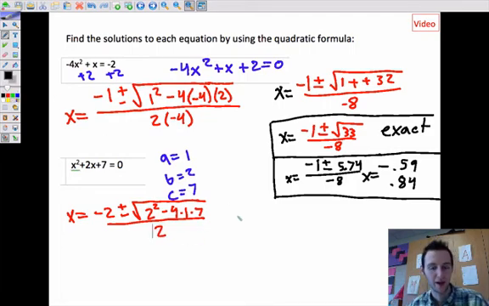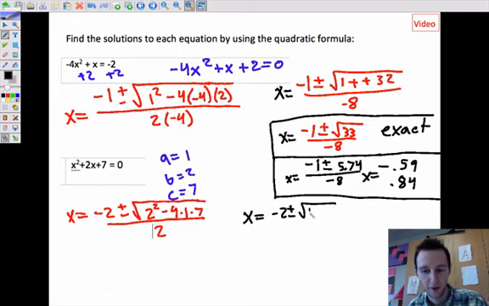So then I'm going to write my exact solution. -2 plus or minus the square root of 2 squared, which is 4, minus 4 times 1 times 7, which is 28, over 2.